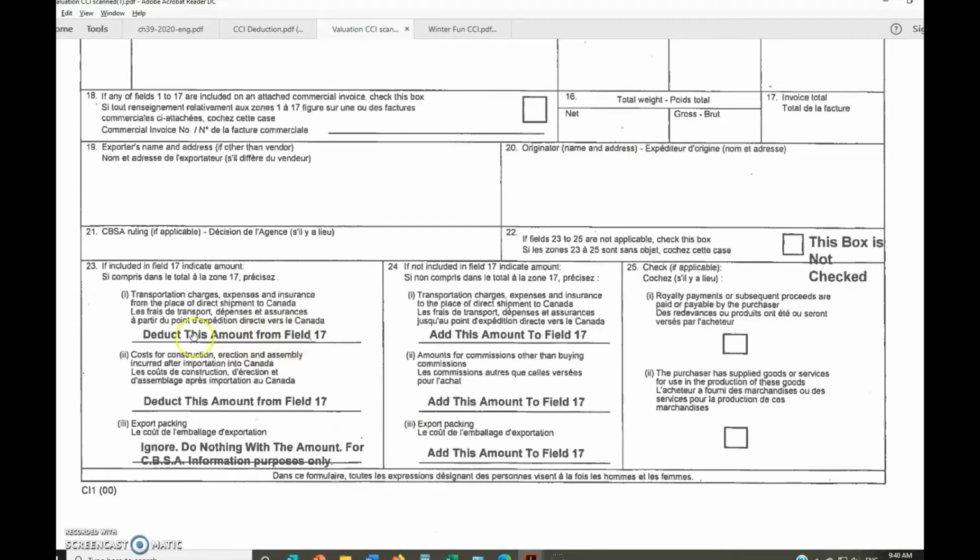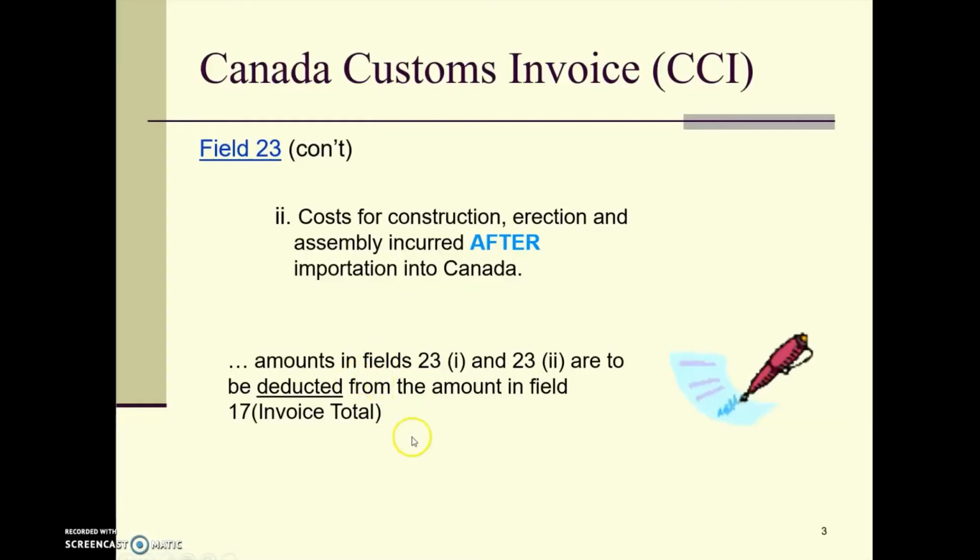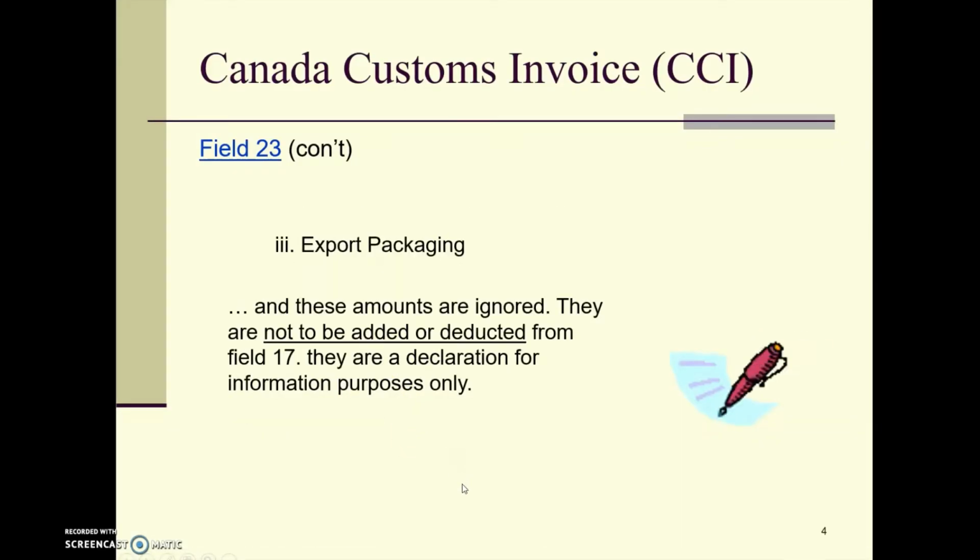Each field in 23 and field 24 indicate what you do with these amounts. So we just did 23I and 23II, and both of them say deduct this amount from field 17, the invoice total.